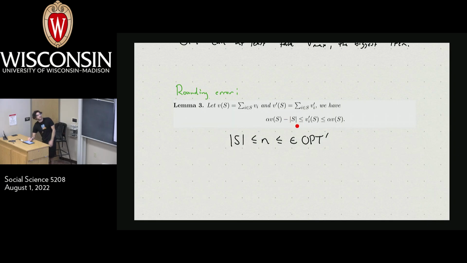So the idea here is, at worst, you're getting penalized 1 for every single item in your set, which makes sense because you're rounding each number in the set. And each one at worst was 1 off from, maybe you should have rounded it up instead of down, so you're getting a rounding error of 1.